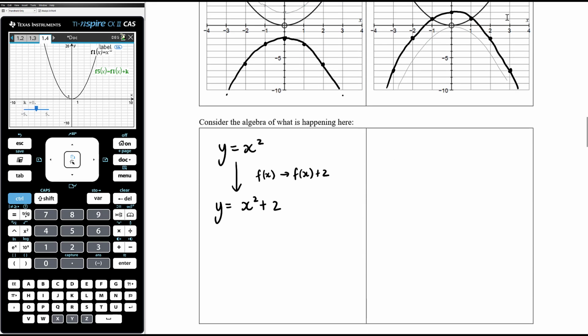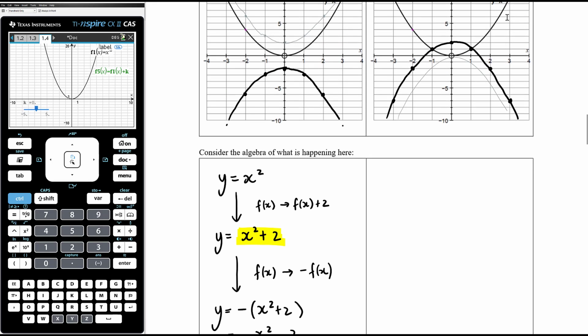Okay, and then we reflect in the x-axis. Now we know that means that f of x becomes negative f of x. Now the thing is that this is now the function that we're reflecting in the x-axis. That whole thing is f of x. So if we want to then make it negative, it is negative all of that, which means we get negative x squared minus 2, which is what we're seeing on the left.